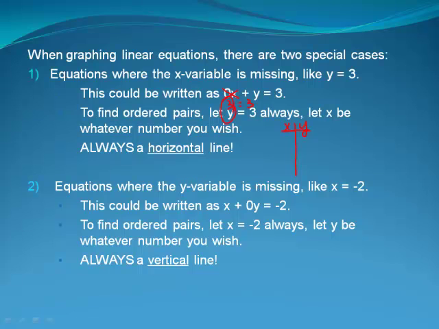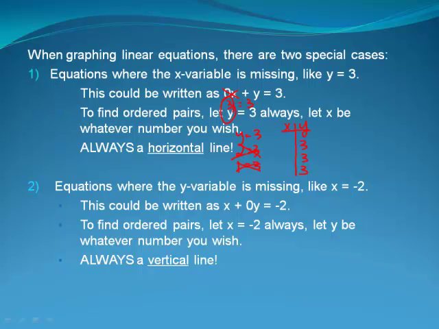For example, if you tried to put a 2 in for y, that wouldn't work. If you tried to put a 1 in for y, that wouldn't work. The only thing that's going to work is if you let y be 3. And so that's what you're going to do. You're going to let y be equal to 3.